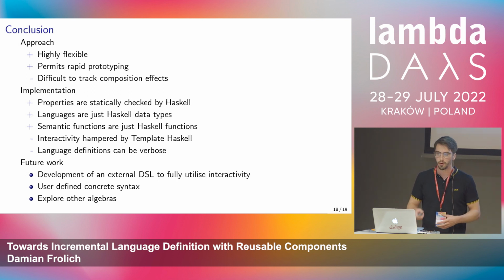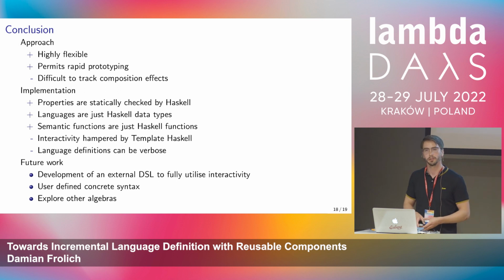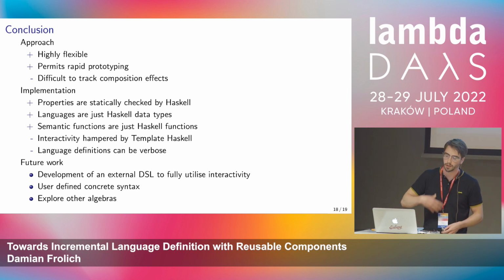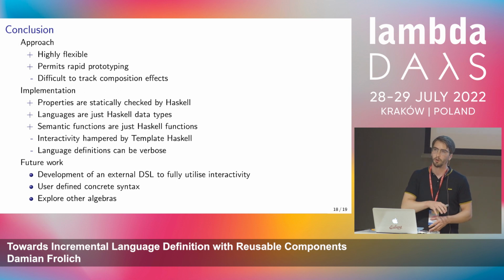So in future work, we want to develop an external DSL to utilize the interactivity aspect that we get from the composition fully. And our current implementation can function as a foundation for that, because we can base it on the same idea of functors, co-product of functors, and catamorphisms over these co-products. So that's nice. And then we also want to figure out how to handle user-defined concrete syntax.